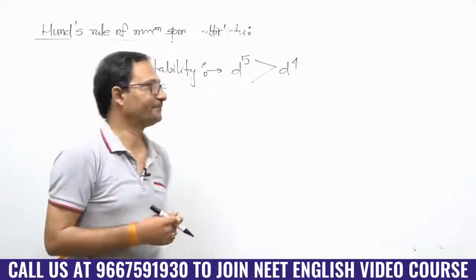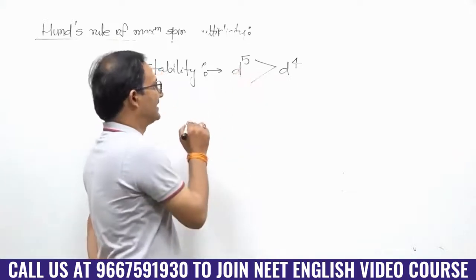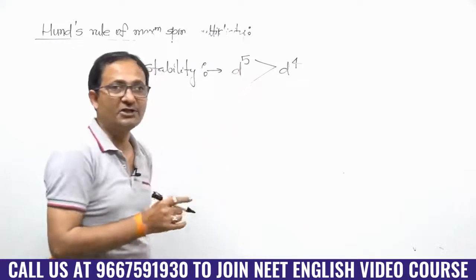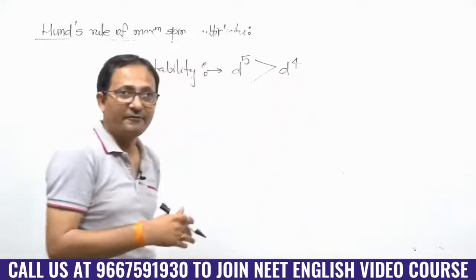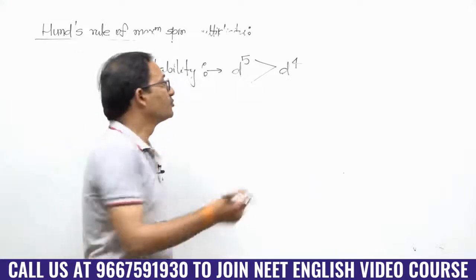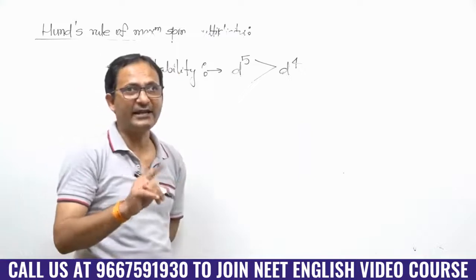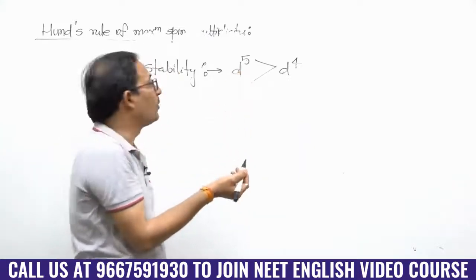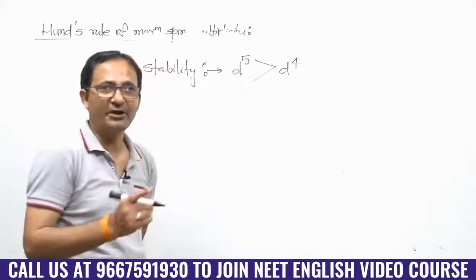Now, the reason. We can give two reasons for this. d5 is half filled, so it is symmetrical. But d4 is neither half filled nor fully filled, so it is not symmetrical. And in neighboring cases, symmetry leads to stability, as you know. So due to symmetry, d5 is more stable than d4.